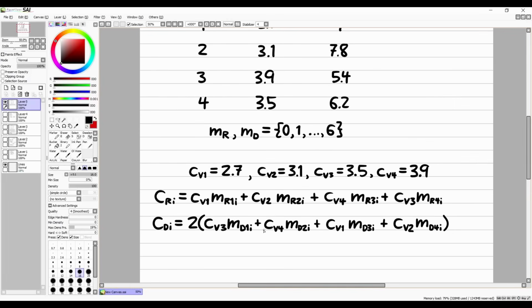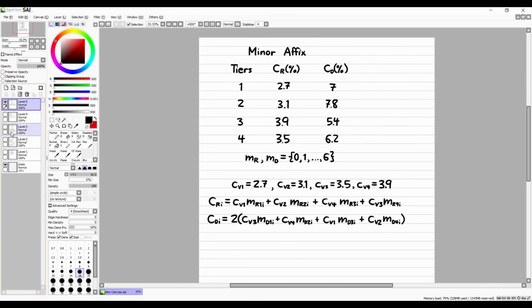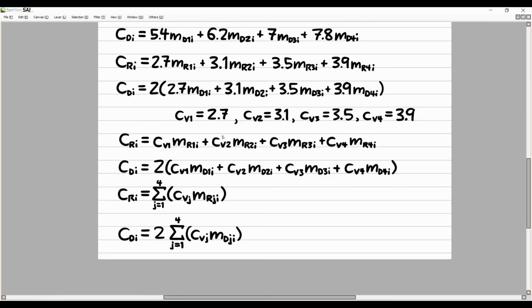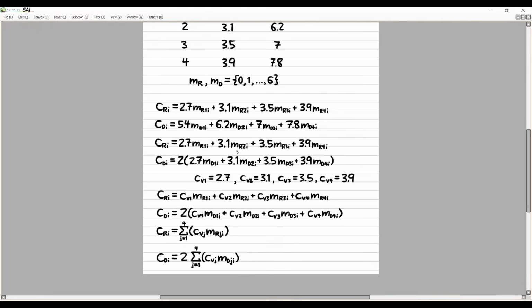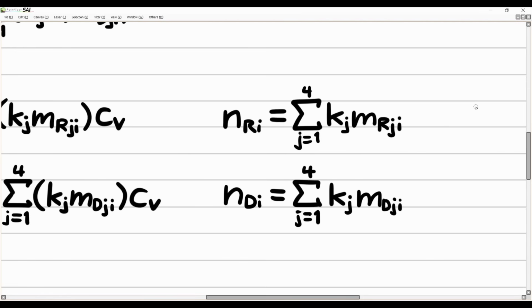So we can essentially just hide all of that complexity of what's going on in the individual crit values, or what's happening with the selection of these different minor affix values, by grouping them up into a single quantity, which I call n. And that is the relationship of these equations.